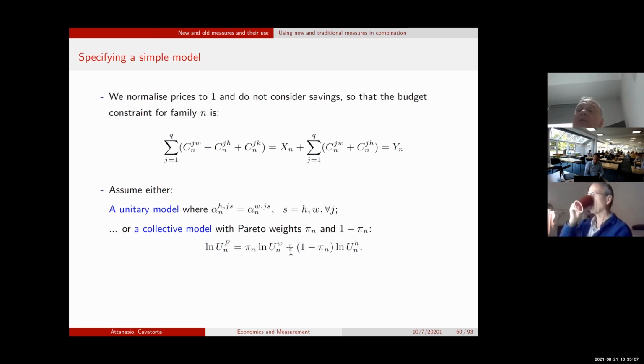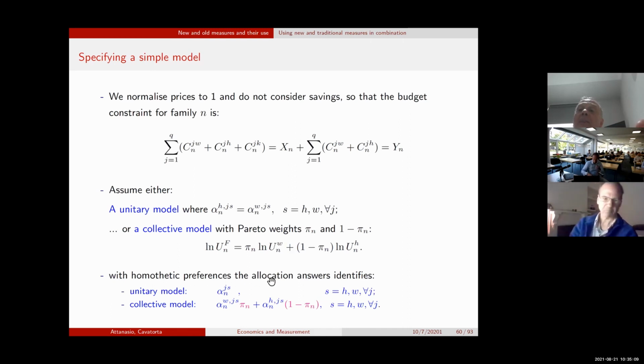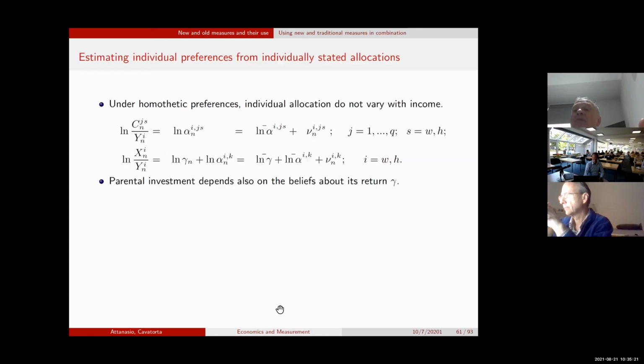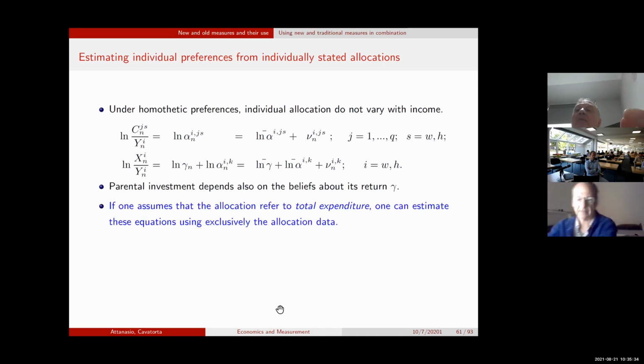With the unitary model you're estimating this, and with the collective model you're estimating the weighted average between the two. Then, depending on who answers the questions, the questions are about additional resources, and so they reflect the preferences of the mother, the father, or the couple.